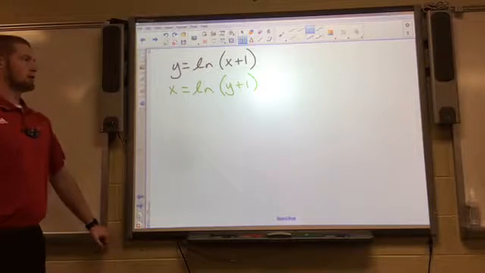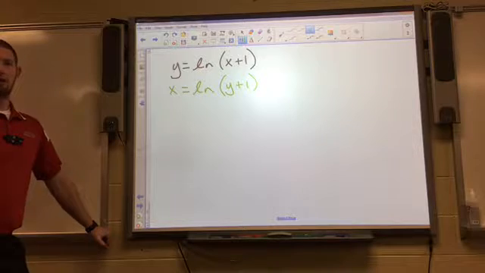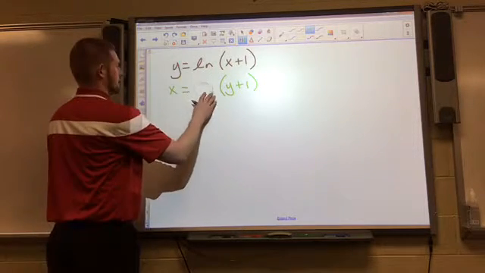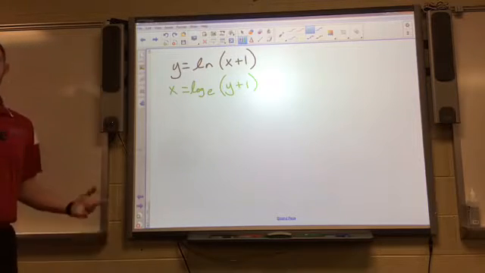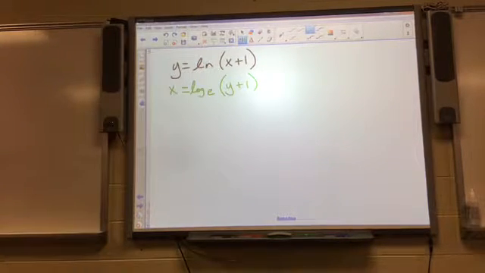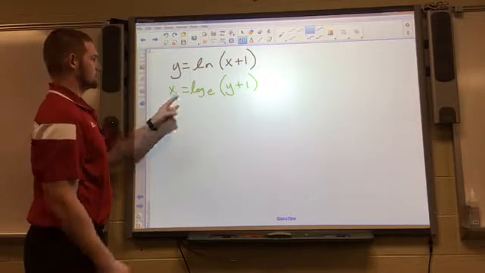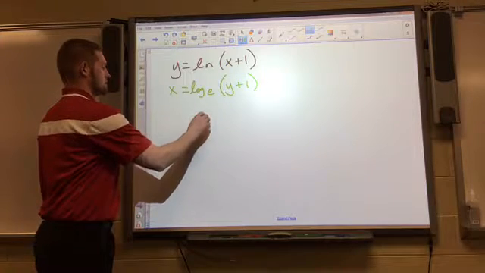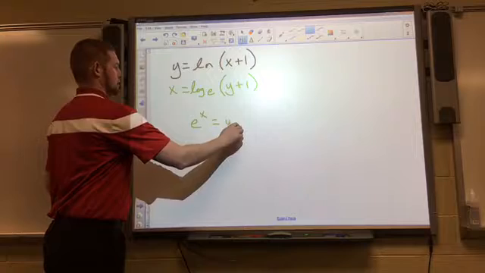Now, personally, I don't necessarily like ln. I personally, while I'm finding the inverse, would probably change it to log base e. You don't have to. If you know that's log base e, go for it. Because now I'm asking myself what? e to the x equals y plus 1.